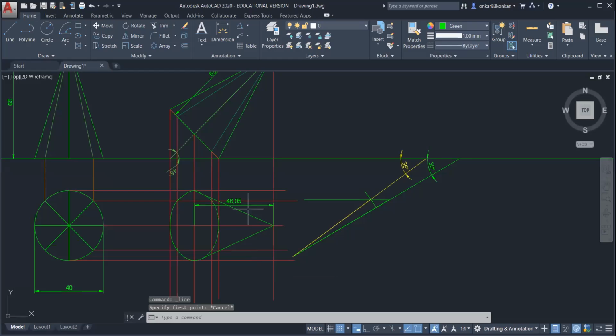To complete this top view on this line, you can take the distance, or you can measure this distance directly. First, draw one perpendicular line to this line.